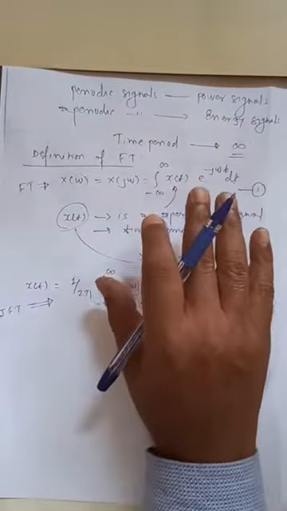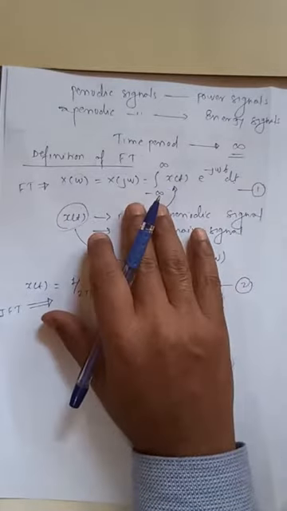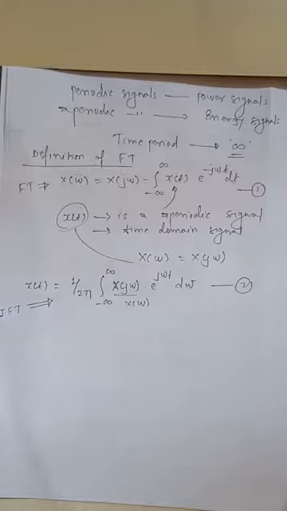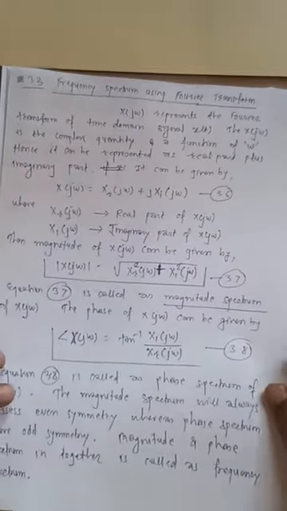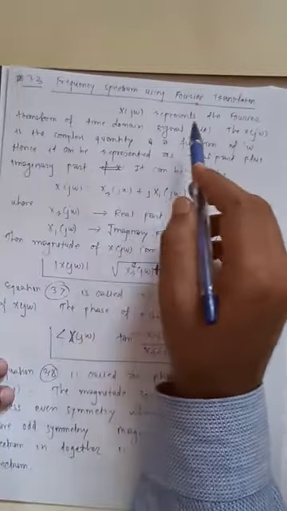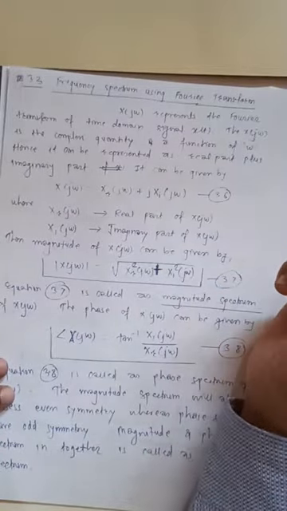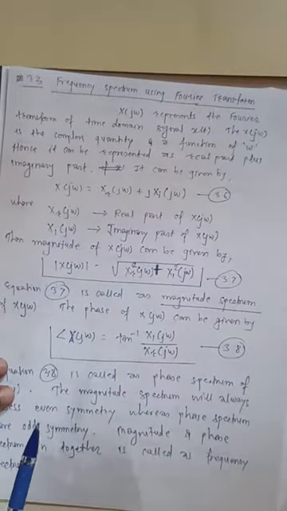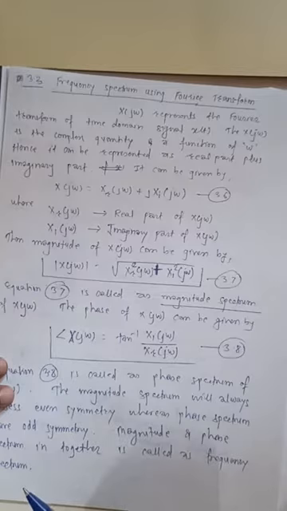Now as I have just told you, the Fourier transform is a complex quantity. Just see here, the frequency spectrum using the Fourier transform: x of j omega represents the Fourier transform of the time domain signal x of t, which is a complex quantity and a function of omega.